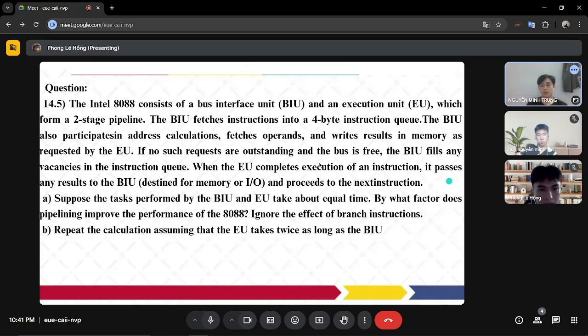A. Suppose the tasks performed by the BIU and EU take about equal time. By what factor does pipelining improve the performance of the 8086, ignoring the effect of branch instructions? B. Repeat the calculation assuming that the EU takes twice as long as the BIU.